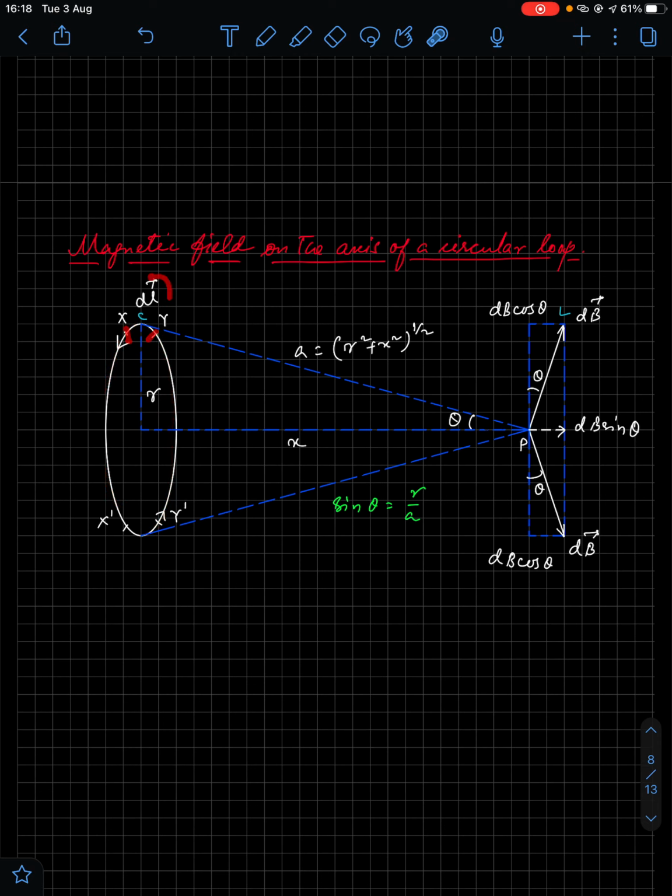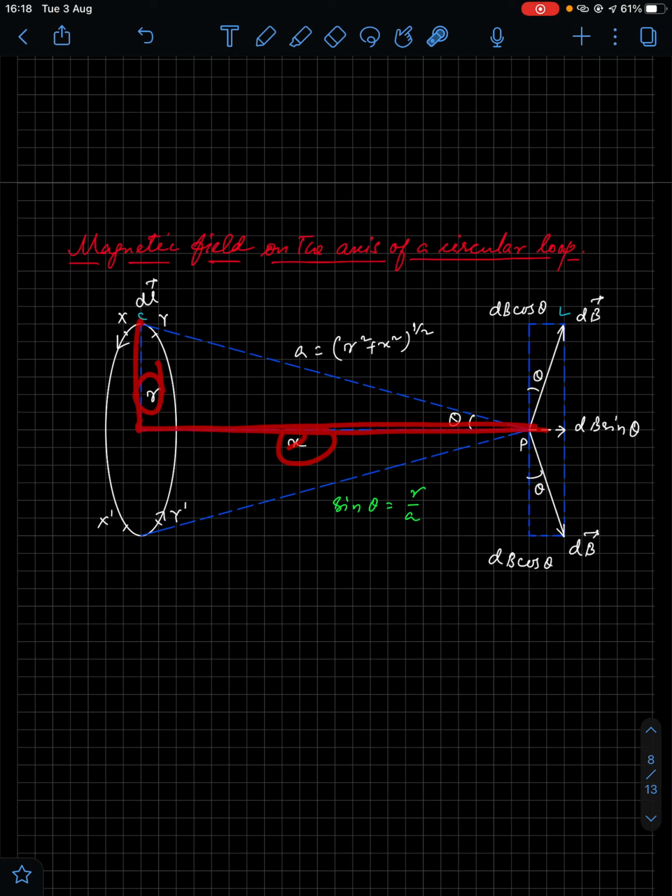Okay, so you have this length element dl here, XY is the length element, here you will have another length element X prime Y prime. Now the radius of this loop is r, and you have a point P here where you have to find out the magnetic field. So what you will do is connect these dotted lines.